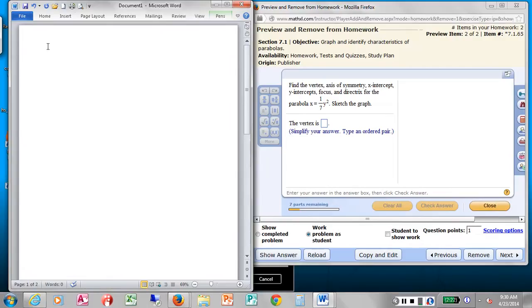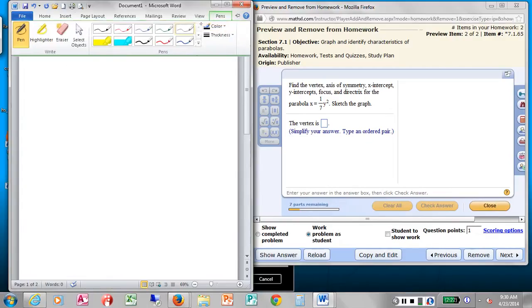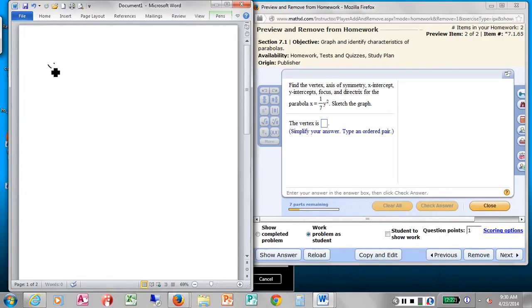We've got x equals something times y squared, and so we know that's one of the sideways parabolas. Let me give it a rough sketch here. It's a sideways parabola, opening to the right.